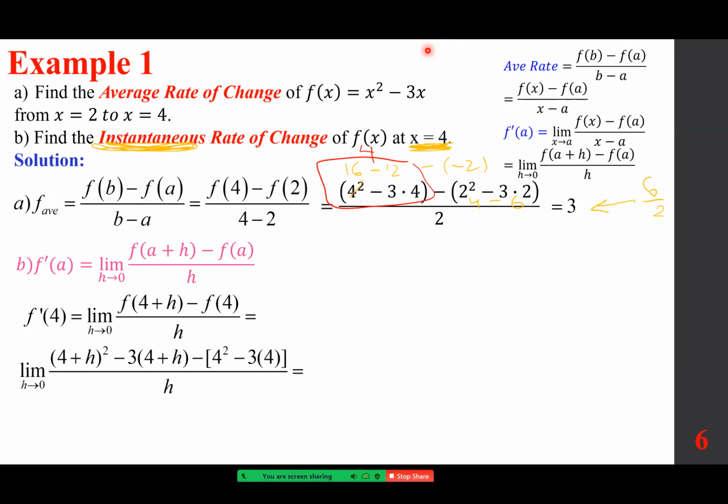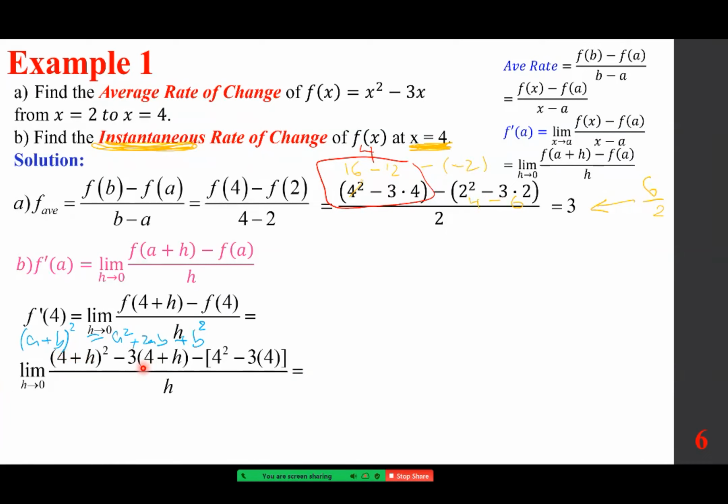And now all you have to do is raise this to the second power. And you remember a plus b squared is a squared plus 2ab plus b squared, which means 4 squared is 16. 2 times 4 times h is plus 8h, plus h squared.